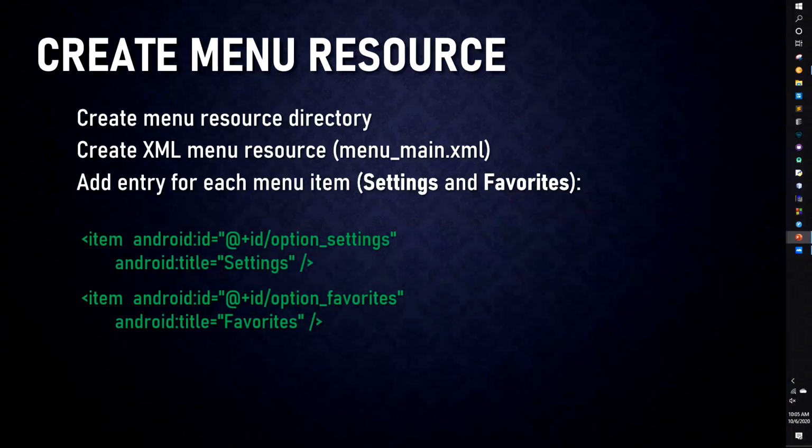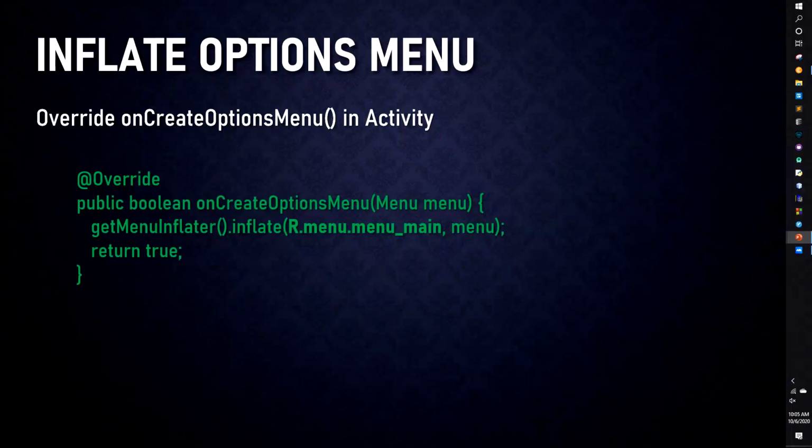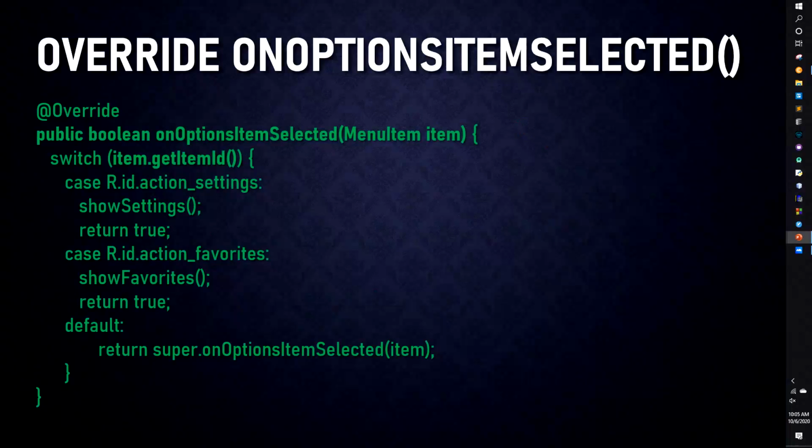And once you create this resource file, the next thing is to create onCreateOptionsMenu so that you inflate that specific menu with your activity. And then once you're done with this, the next one is to override onOptionsItemSelected. This will help us identify which item was clicked so that you can implement your own method, or so you can continue with the post message.